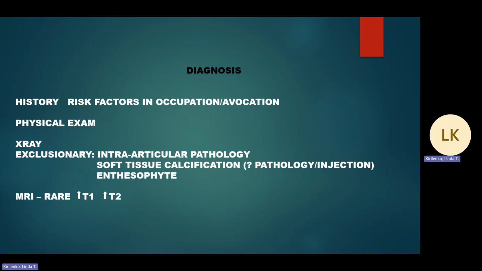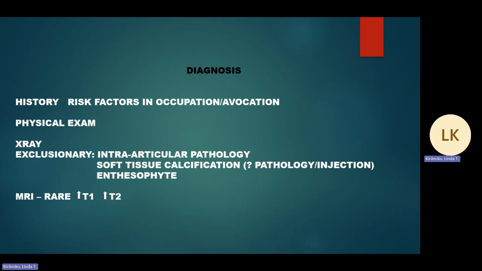Diagnosis: ask about the history, ask about occupations and avocations that might increase risk. Do the physical exam that we just talked about. X-rays are really only done for exclusionary purposes if you're on the fence about whether there may be osteoarthritis concomitantly or instead of tendinopathy.